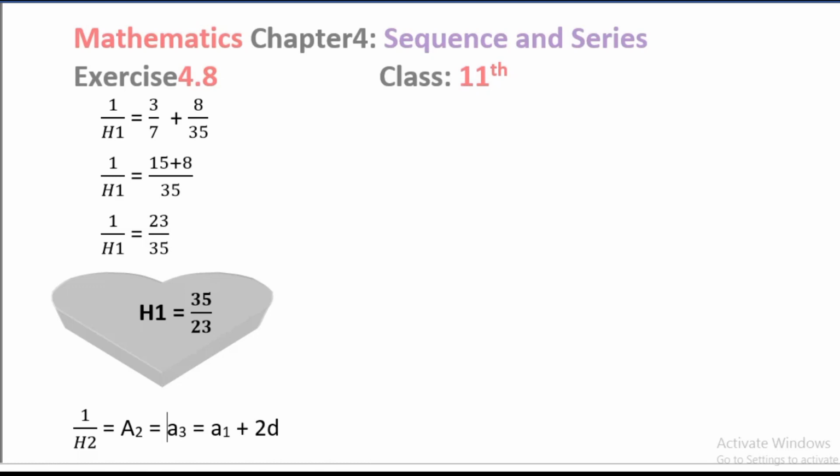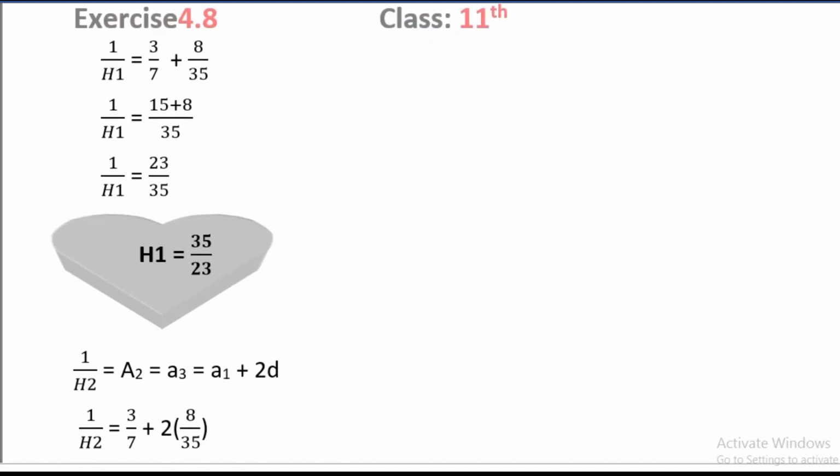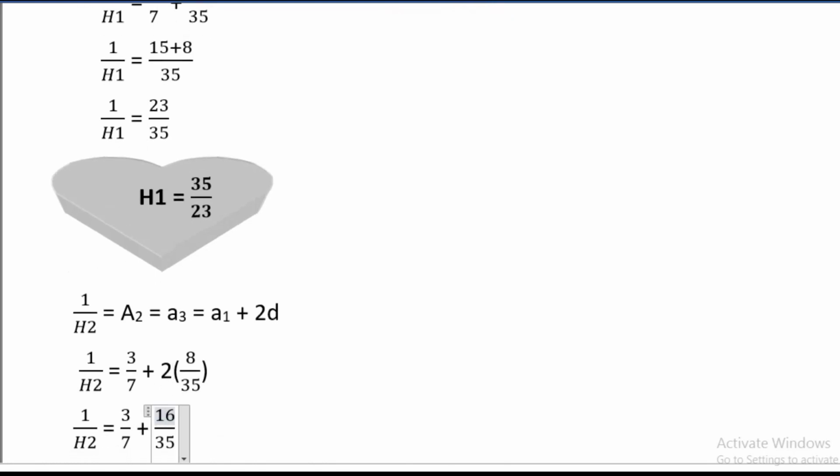So next, 1 divided by H2 is equal to A3. A3 can also be written in the form of A1 plus 2D. So by putting the values of A1 and D, 3 divided by 7 plus 2 into 8 divided by 35. So 2 eights are 16 divided by 35.